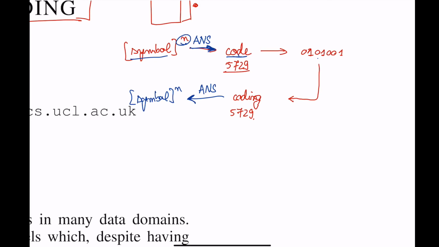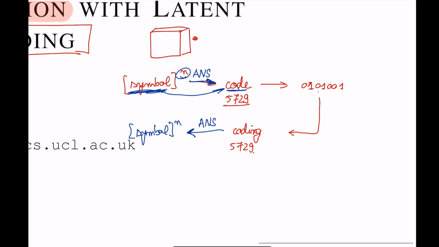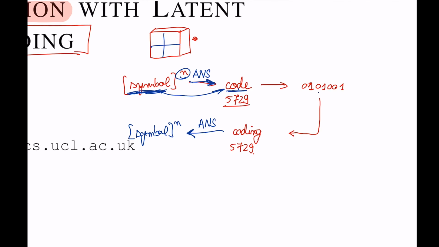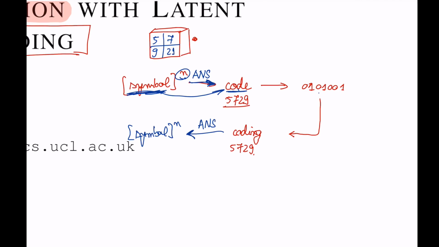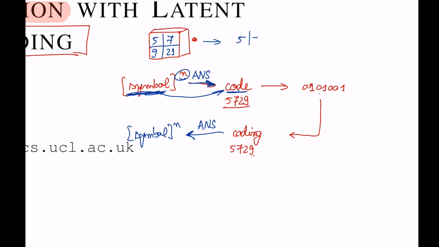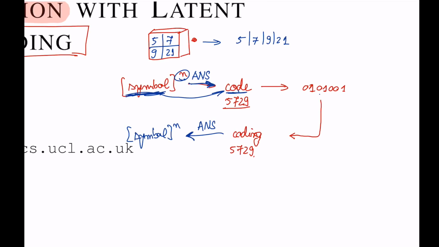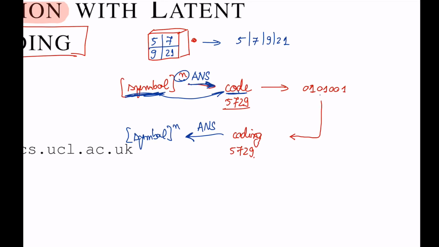But now the big question is, how do you get from a sequence of symbols to the code? Because if you think of the most basic code ever, say these are the pixel values, it would be something like put a 5, then put a bar, put a 7, put a 9, put a 21. This is a very basic code, but it has a big length.